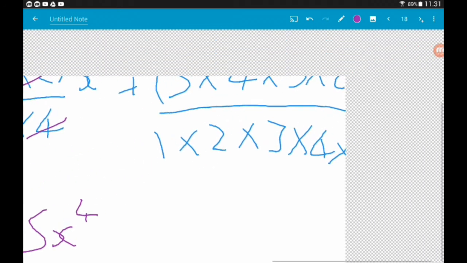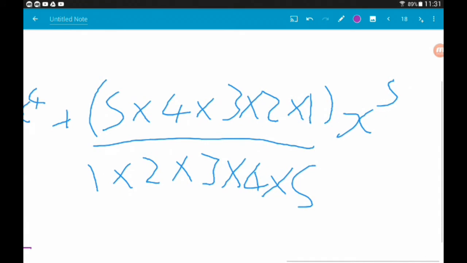And then with our x to the power 5 term, everything up on top is common to everything on the bottom. 5 times 4 times 3 times 2 times 1 is exactly the same as 1 times 2 times 3 times 4 times 5.